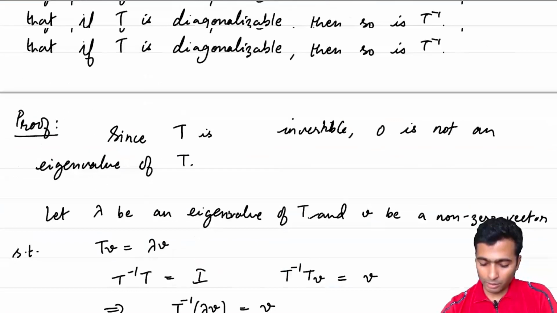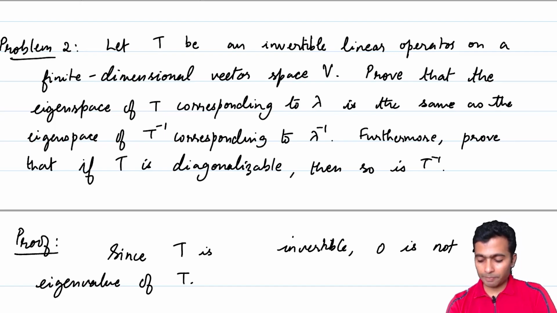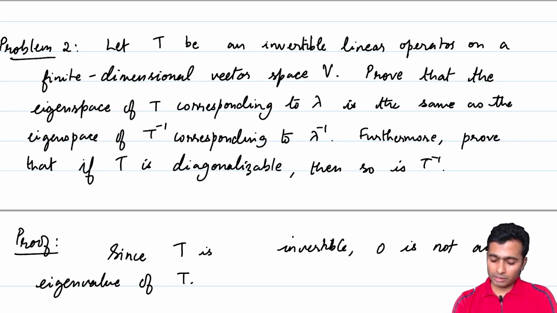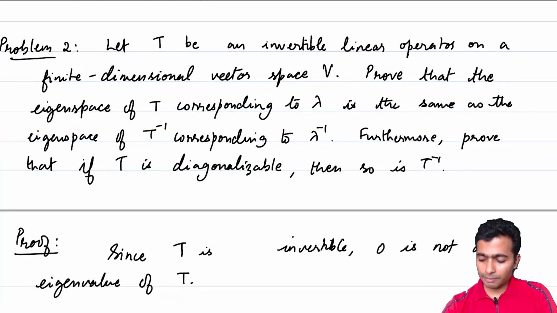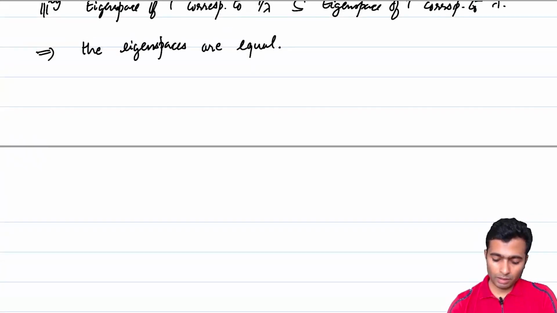But then there is a second part to the problem, if you recall. We were not attempting to only prove that eigenspaces are the same. We also wanted to show that if T is diagonalizable, so is T inverse. But that's quite straightforward, because if T is diagonalizable, then we have a basis consisting of eigenvectors of T. And we just showed that every eigenvector of T is also an eigenvector of T inverse. Therefore, the same basis will give us what we want.